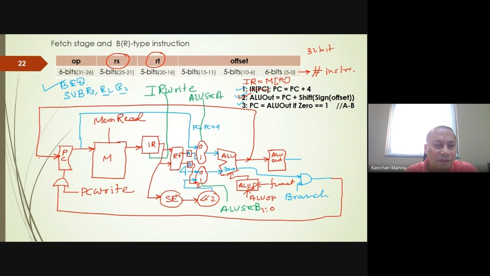Now you see, this port is getting its value from 2 different sources. So which component do we need here? A multiplexer. So we have to insert the multiplexer here, and the branch address would come now.